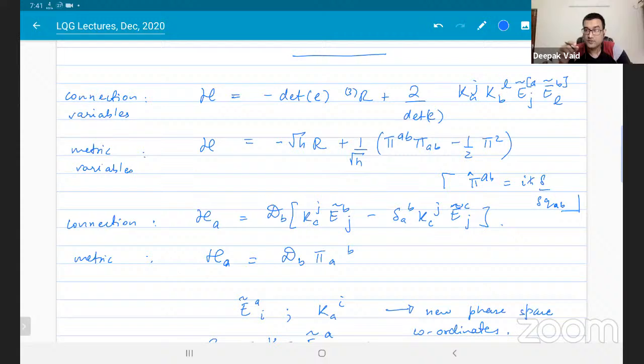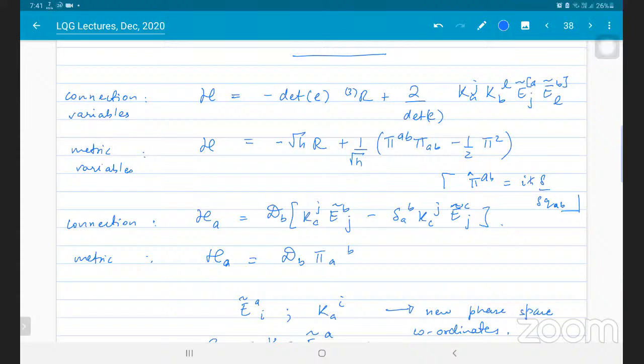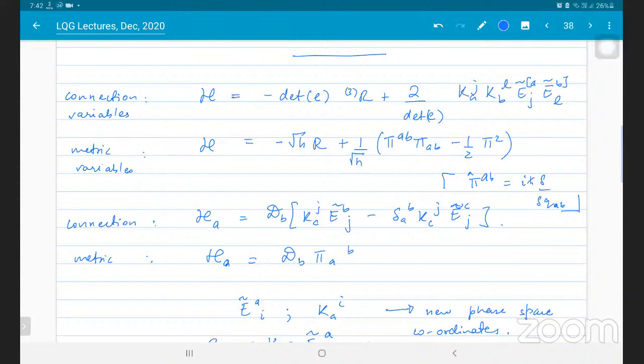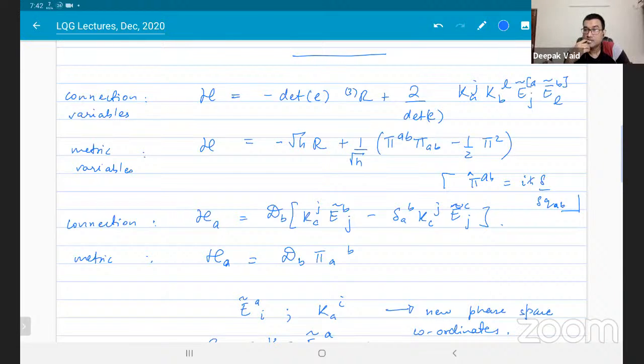Then you no longer have just one variable A. You get more than one variable. Your momentum operator becomes more complicated, and your Hamiltonian constraint just becomes horrendous. There is no way to really understand how to solve it.